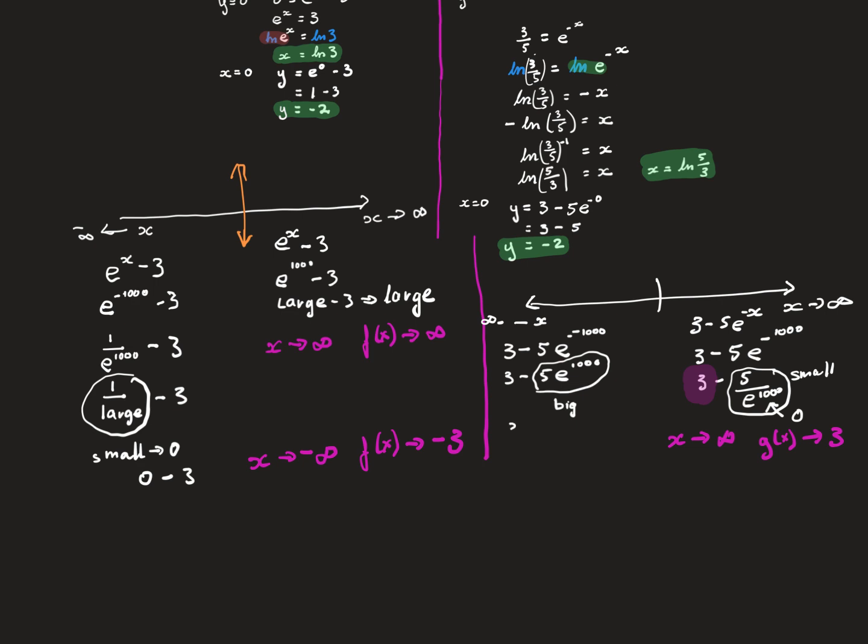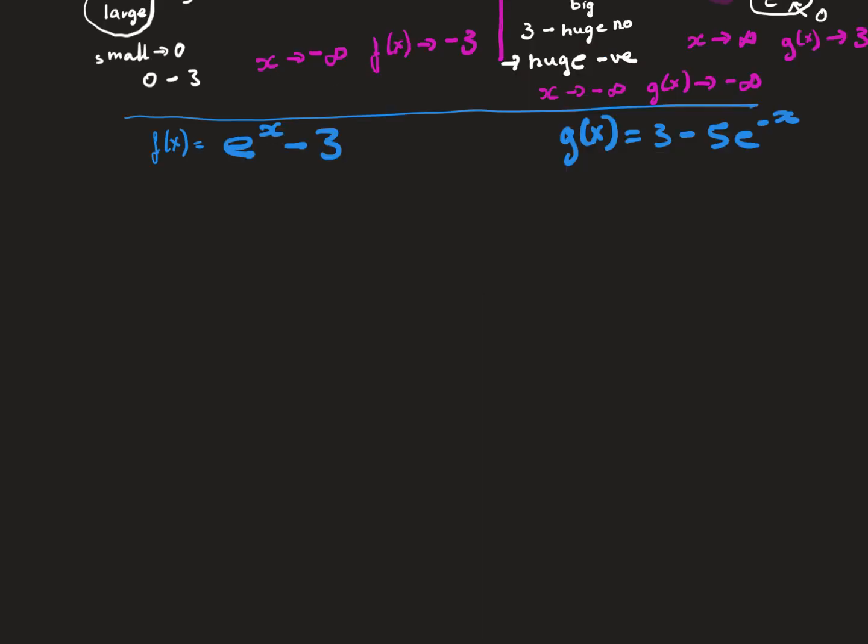And if you think of 3 taking away a huge number, then you're going to have a very huge negative number. So in that case, we're going to say that as x approaches the negative part, then g(x) is going to approach negative infinity.